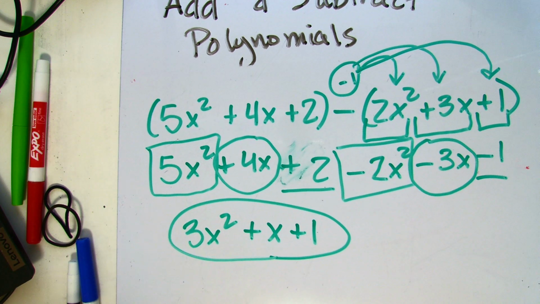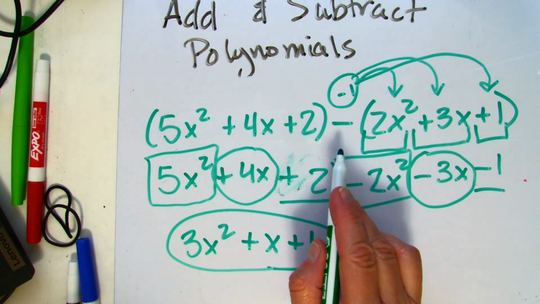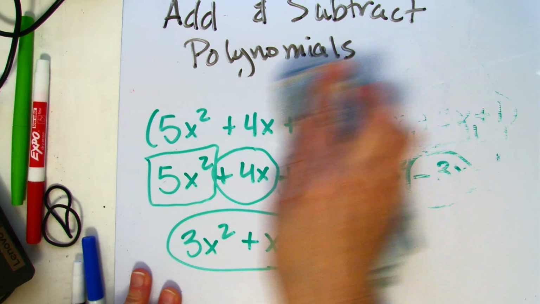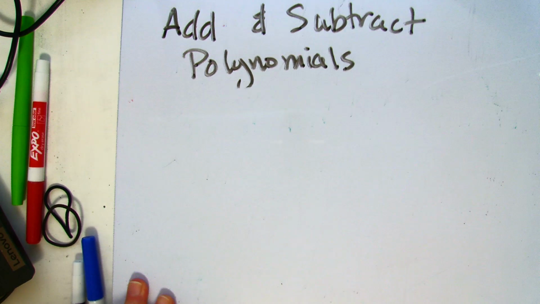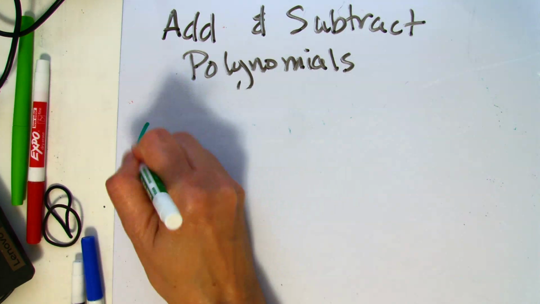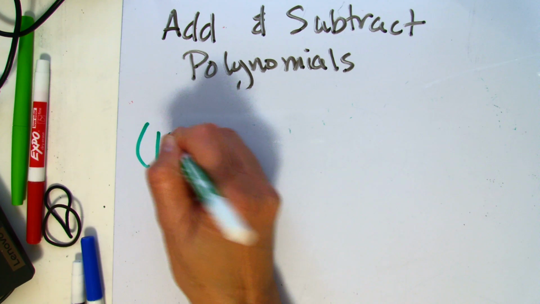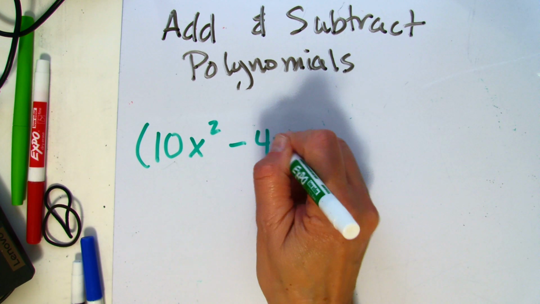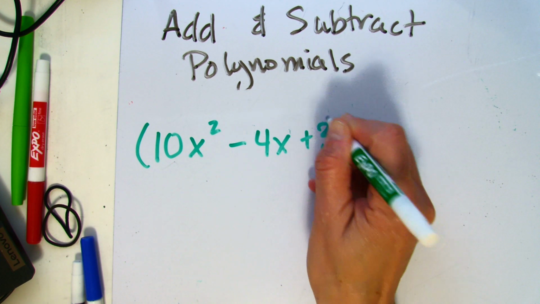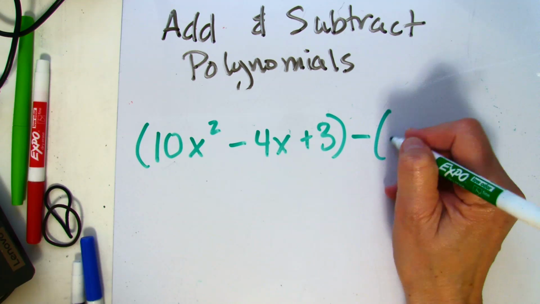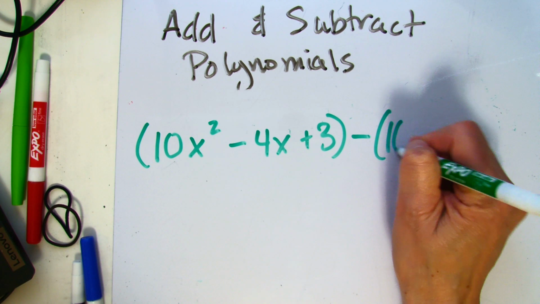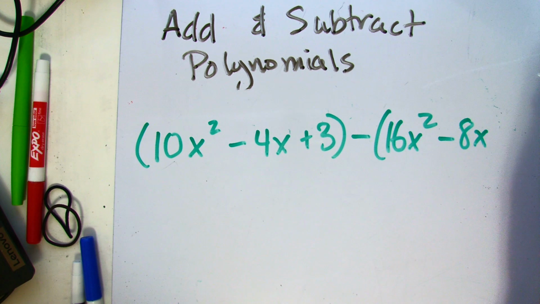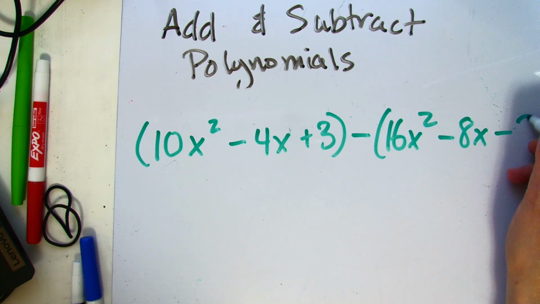Let's do another where we're working with the subtraction. And let's see if we can identify some patterns here. Okay, now we have 10x squared minus 4x plus 3 minus 16x squared minus 8x minus 3.